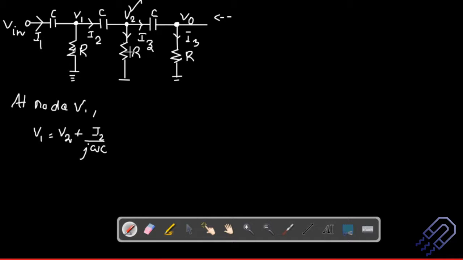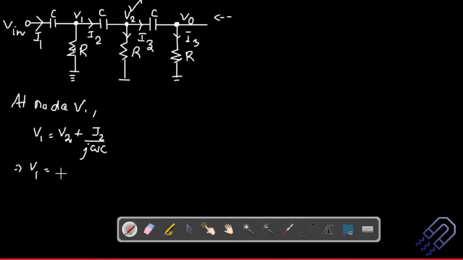Should not be confused here. This is I2, the current that is flowing across this C, and there is a minus j, so I'll just take it at the denominator, so it is 1 by j, and then the reactance offered by this capacitor is Xc, which is 1 by omega C. So I'm just writing this down directly. And then V1 is equal to V2, which we have already derived in our equation 1.